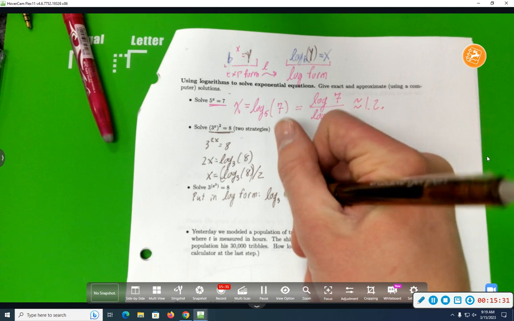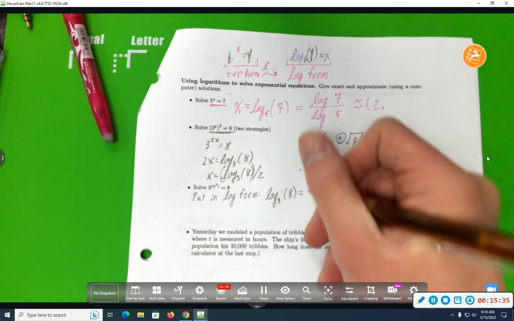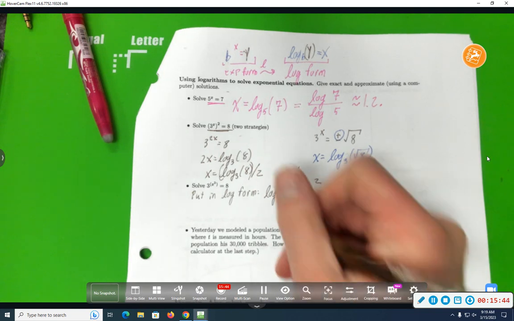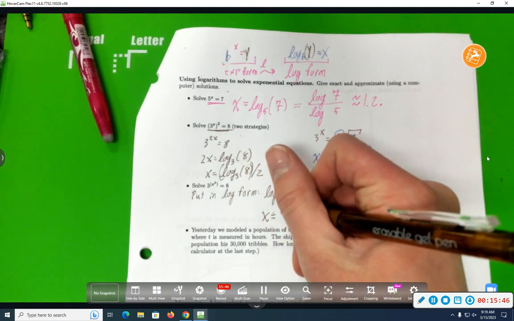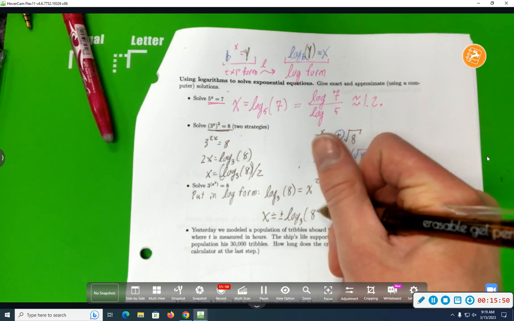Log base 3 of 8 equals x squared. Nice. What gets rid of that square? Square root. And let's worry about the plus or minus.